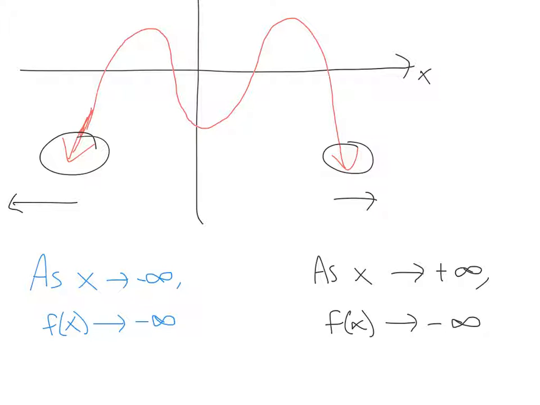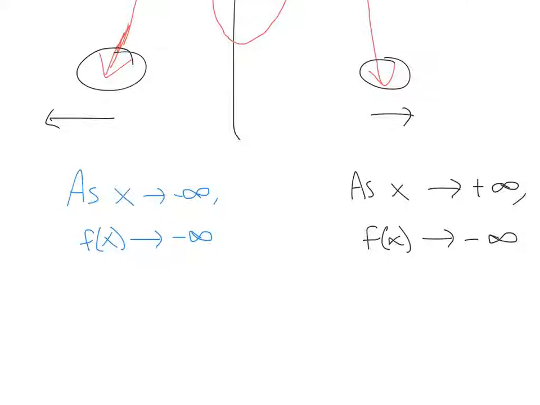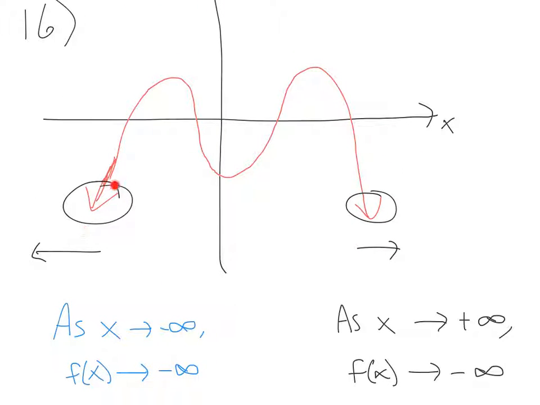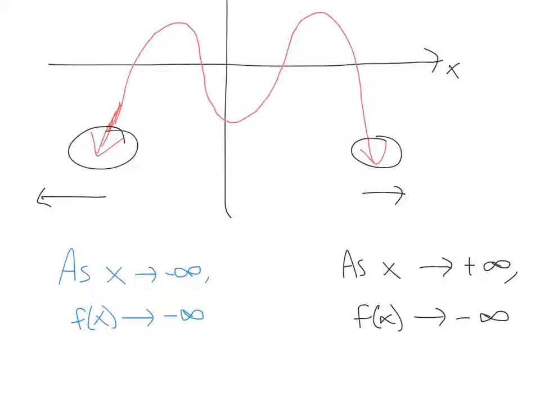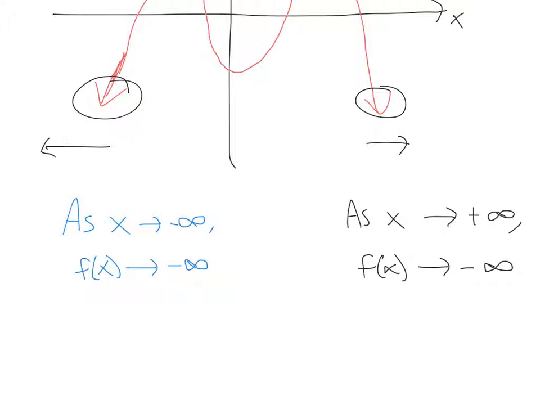All right, now determine whether it represents an odd degree or even degree function. Now if your end behavior, so my left hand behavior and my right hand behavior, approach the same type of infinity, negative or positive, then you are going to have what is called an even function.